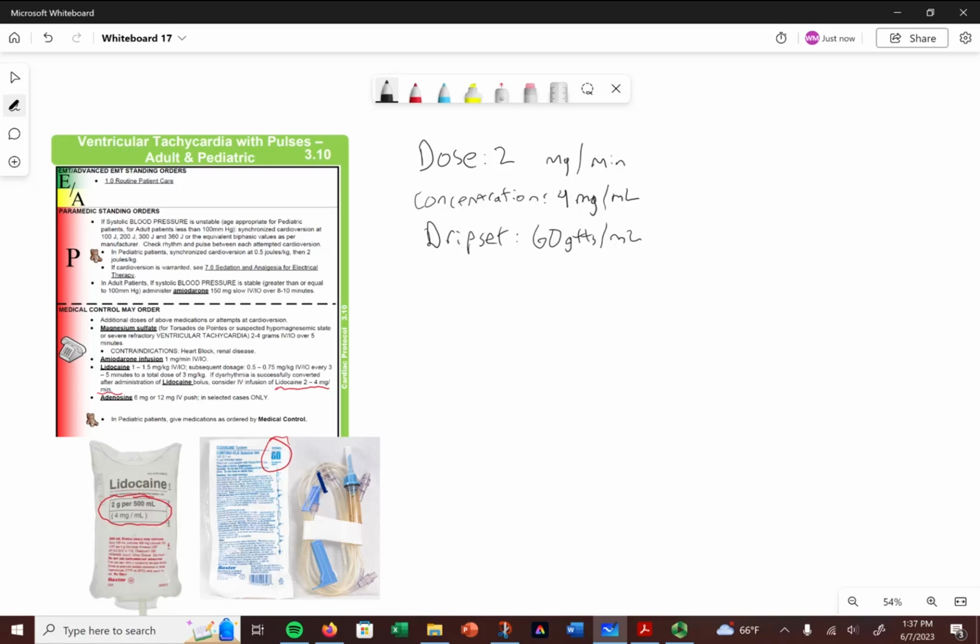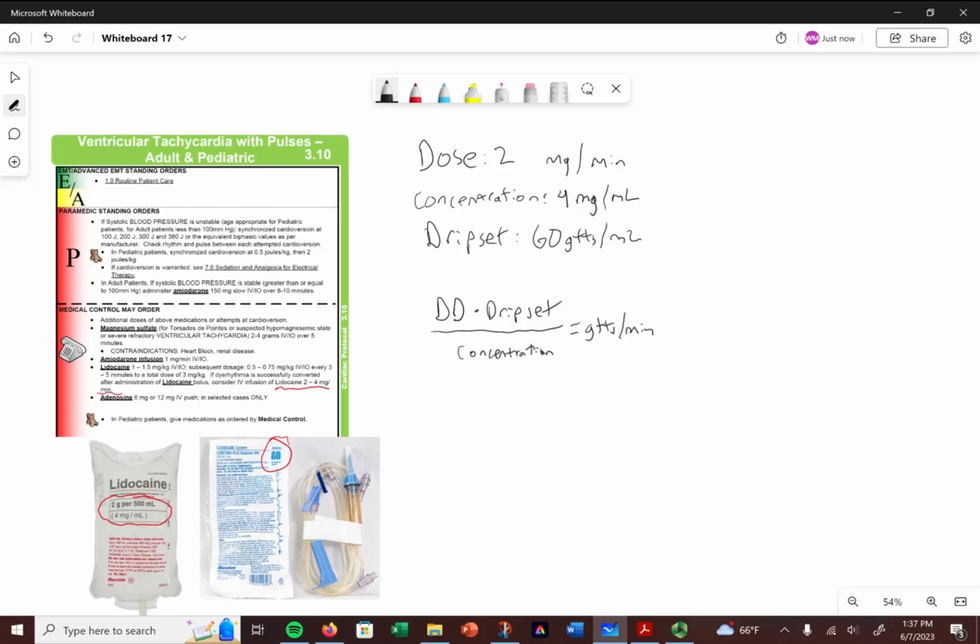So I can plug these numbers into my equation, and it's going to be my desired dose times my drip set over concentration. That's going to be the equation that gives me my GTTS per minute, my drips per minute.